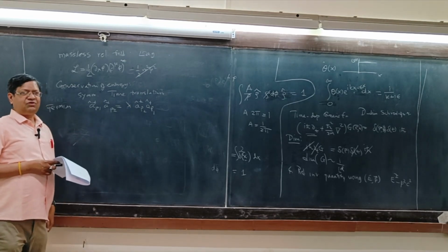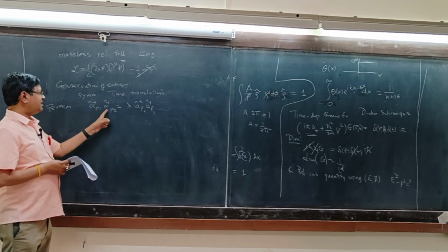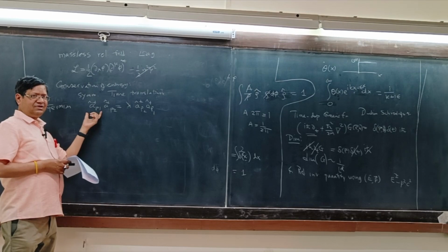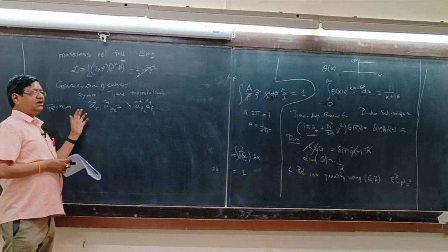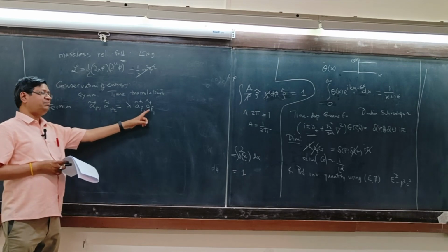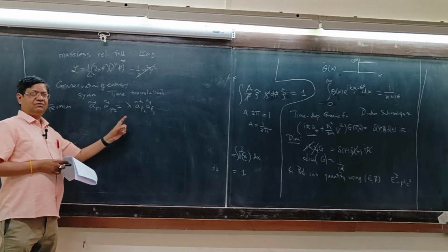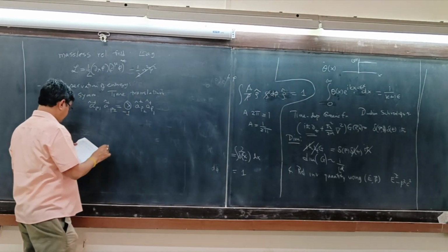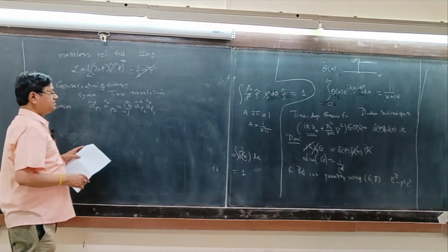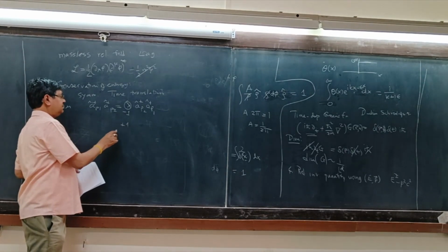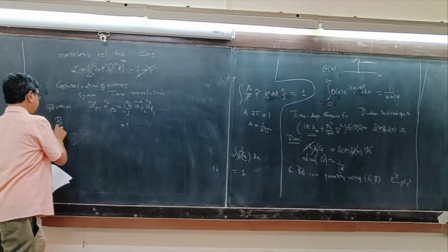So it anti-commutes, not commutes. If I create a particle p2 then p1, you get a wave function p2 p1 which is antisymmetric to p1 p2. So lambda is minus 1 for fermions, and for bosons the wave function is symmetric, so it is plus 1.